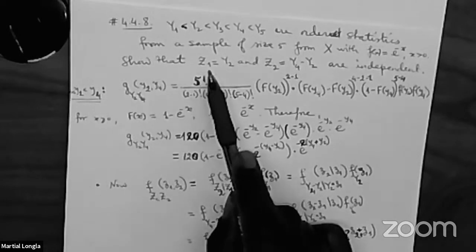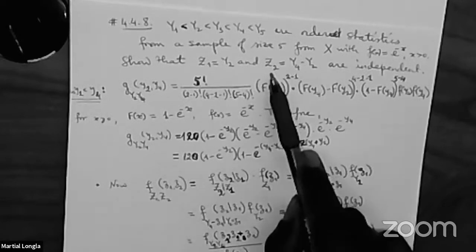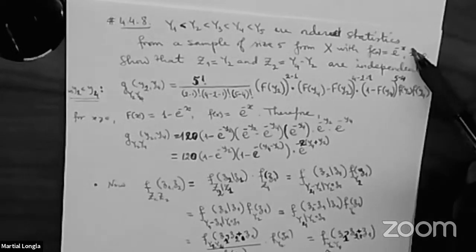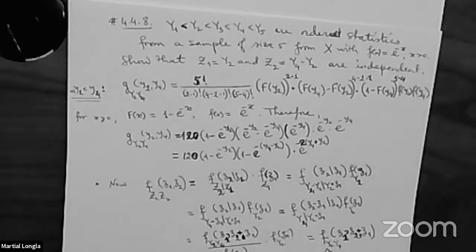And the question is, show that Z1 equal Y1 and Z2 equal Y4 minus Y2 are independent for this distribution. It doesn't mean always. That's one of the properties of this distribution.